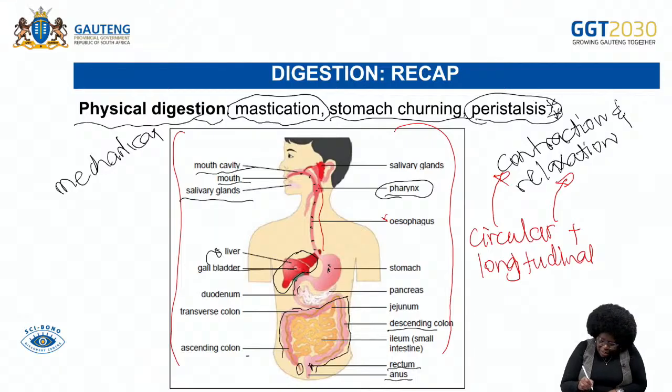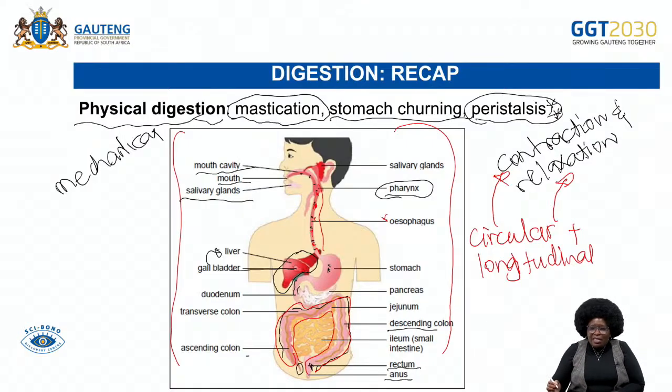So the food bolus is going to be inside the esophagus, moving, going down, right? So there is no chemical digestion. And I said to you, when we look at the colon, this is our colon. Ascending, transverse, descending. There is no chemical digestion taking place here as well.